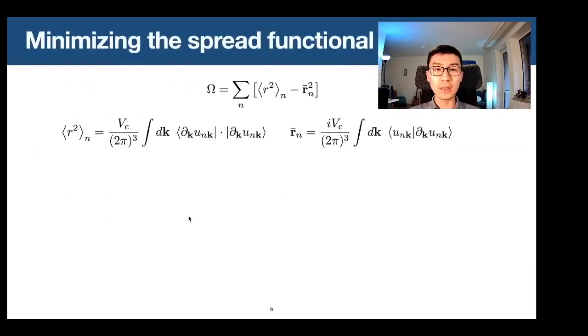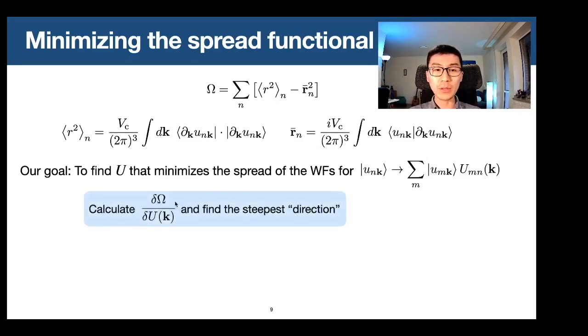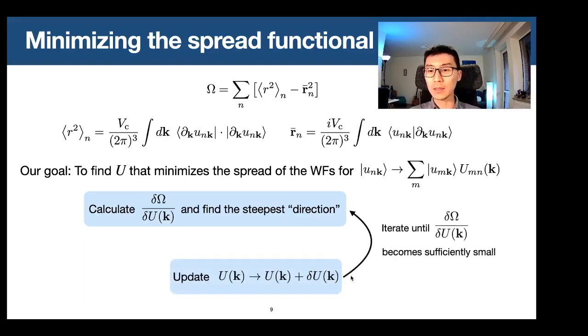In practice, we start from this expression in k space, and for this transformation U, we calculate the change of the spread with an infinitesimal change of U, and we find the steepest direction that minimizes omega, and then we update U in this direction. And we can iterate this process until the change of the spread becomes sufficiently small. That's how we get maximally localized Wannier functions.